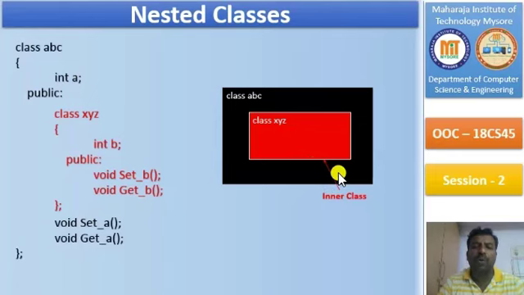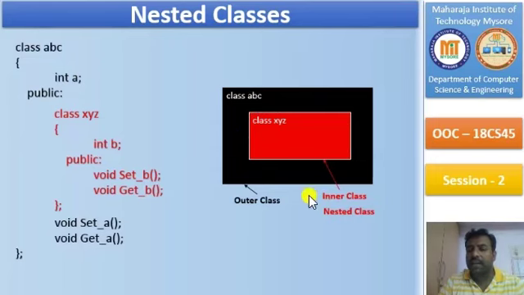Until this point, nowhere had we used the terms inner class or outer class. Now just observe here. ABC is now an outer class and XYZ becomes an inner class, because XYZ has been defined inside the class ABC. For this reason we call XYZ the inner class and ABC the outer class.